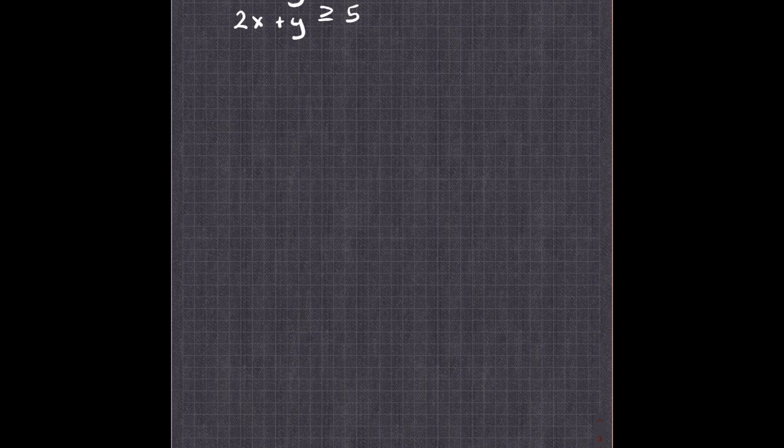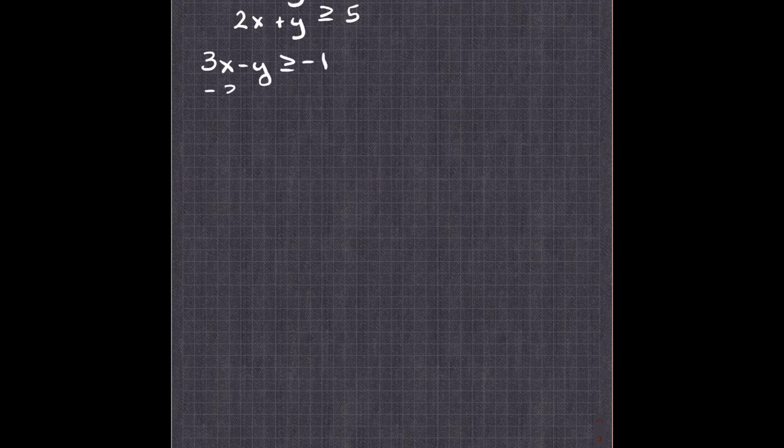We wouldn't have to. We could just get some points by plugging in 0 for x and getting the y-intercept, or plugging in 0 for y and getting the x-intercept. We could do that. Let's go ahead and just rearrange these, and I can show you how to do that.